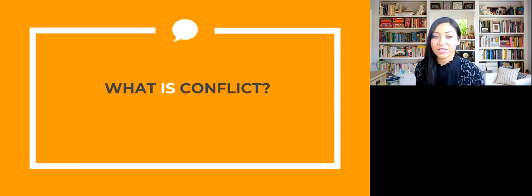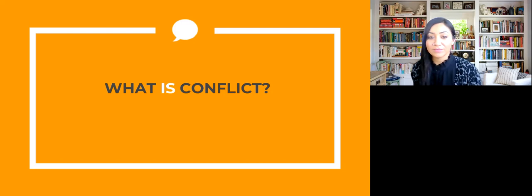The first learning objective is to define conflict. I want you to take a moment and think of a few conflicts that you have either experienced personally or have seen unfolding around you. Perhaps you have noticed that conflicts materialize in many different forms.